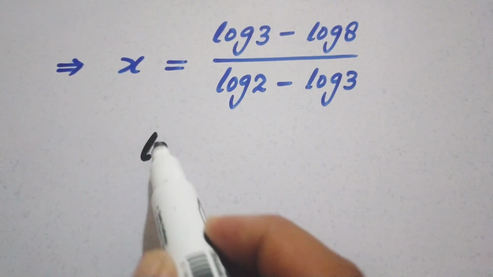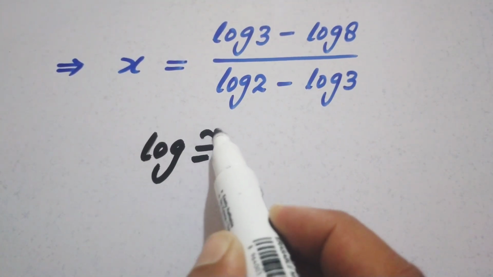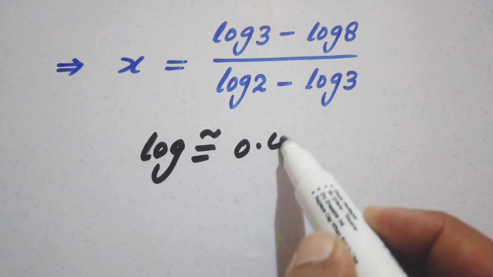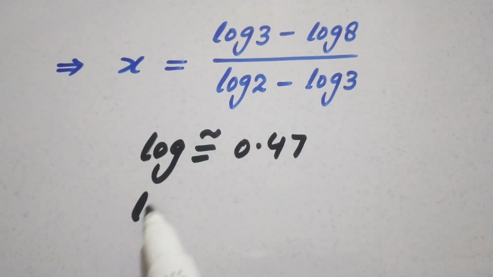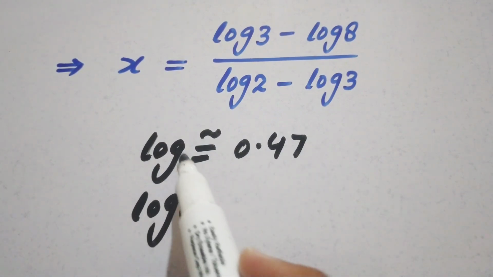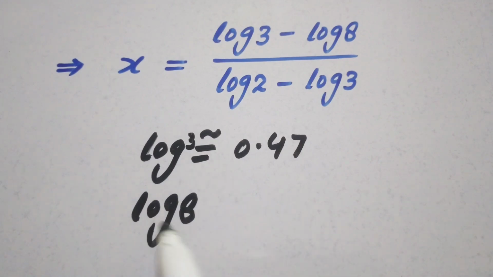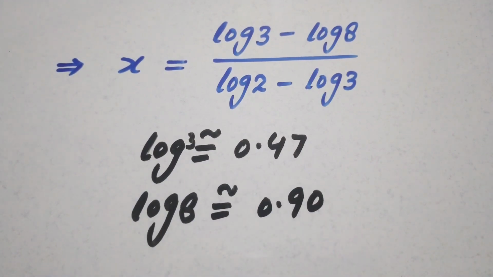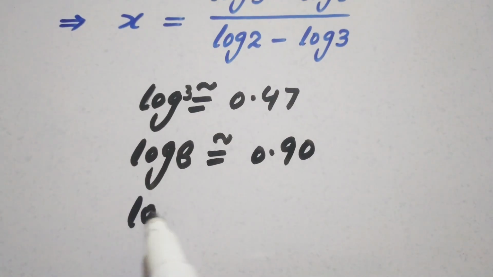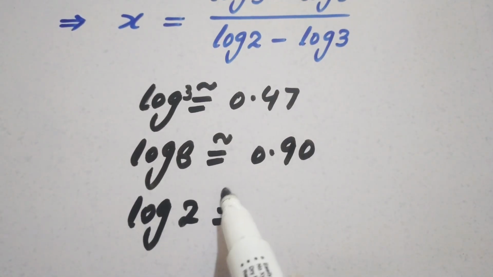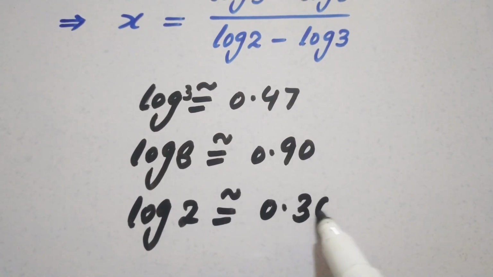As log of 3 is nearly equal to 0.47, and log of 8 is nearly equal to 0.90, and log of 2 is nearly equal to 0.30.